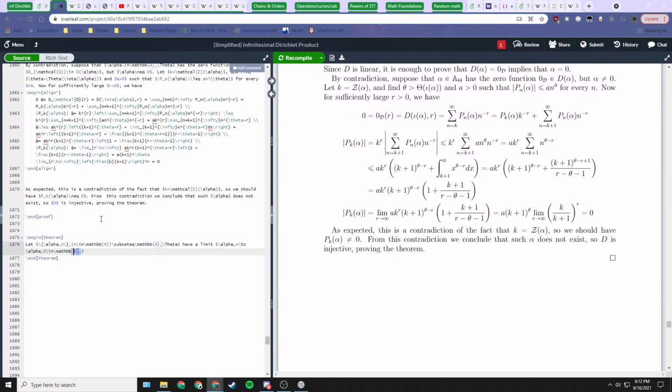Actually, we can just say such that alpha n goes to alpha 0, and be such that there is an upper bound, so just say A in A sub theta, such that A of alpha sub n is bounded by A for all n.